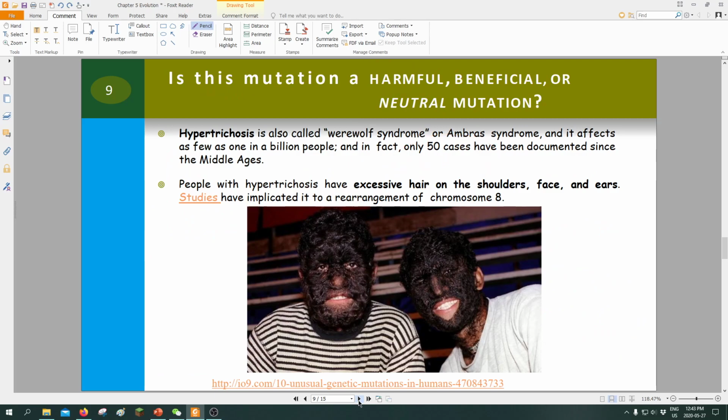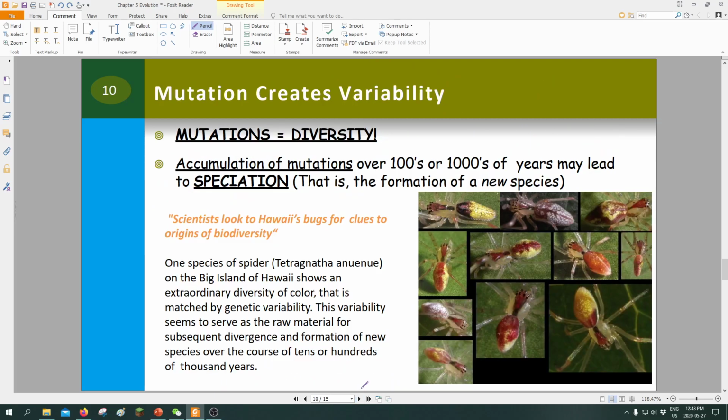All right. Now, mutation creates variability in the population, or in other words, it gives you diversity in the types or characteristics of the organism, and this is going to lay the groundwork for next week's lesson. It can actually help cause speciation, or the formation of a new species, when you get so many mutations that happen over hundreds or even thousands of years.